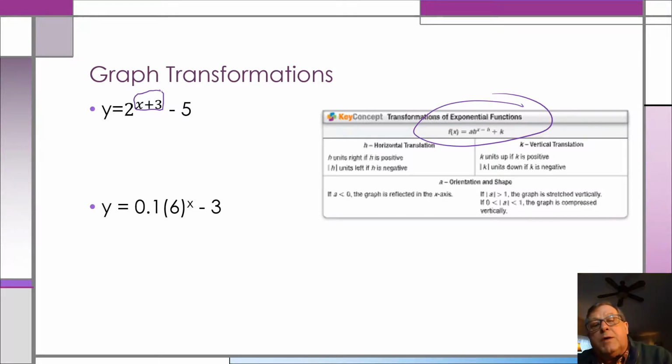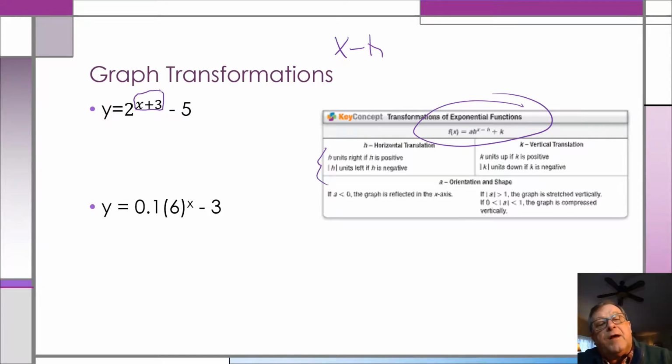And of course, we know that our horizontal transformations or translations are a little bit counterintuitive because they're based on this x minus h. If I put a positive number in for h, then it becomes negative. Or if I put a negative number in for h, it becomes positive. And that's where the counterintuitive part comes in.